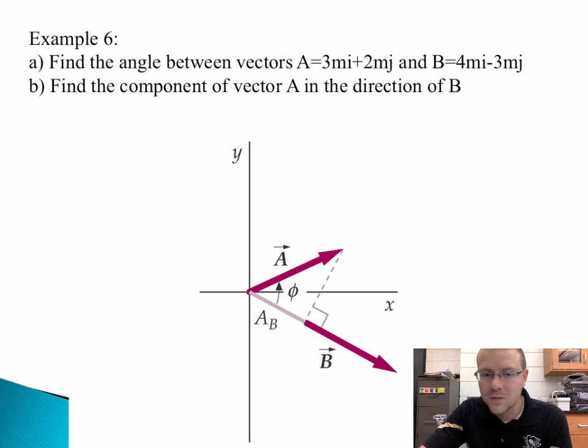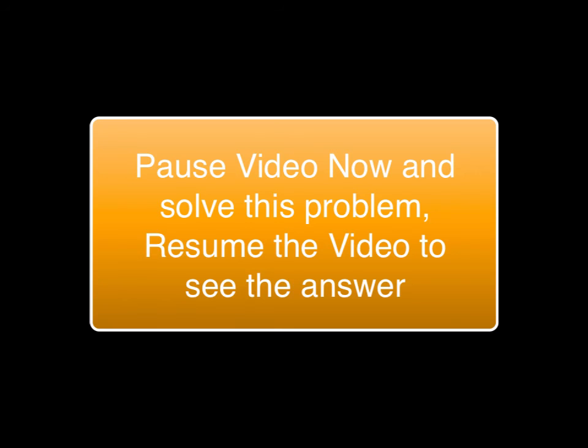Find the angle between them using the rules we just did in our first example, and then I'd like you to find how much of vector A is pointing in the direction of vector B, or A sub B. So try this example, and I'll throw a solution up here after you work it out. So take some time now to work it out, pause the video, see what you get, and come back and I'll show you the answer.